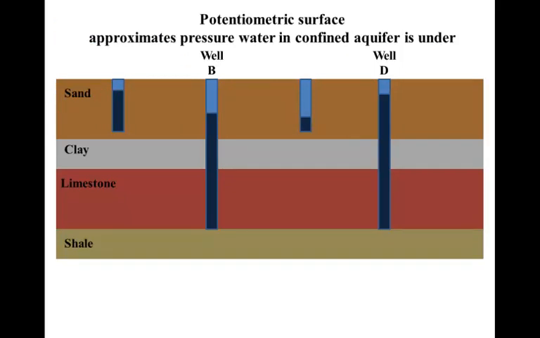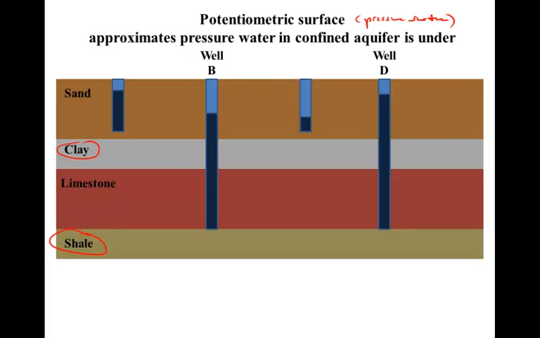The wells that extend down into the deeper confined aquifer show the pressure that water is under because of its confinement by aquitards. That pressure surface is called the potentiometric surface.